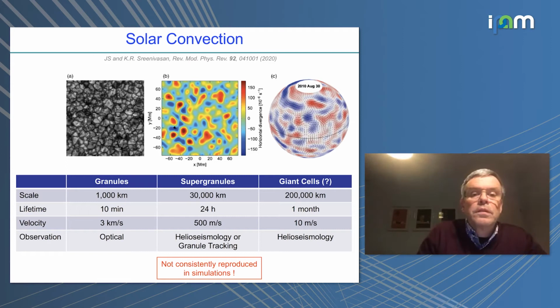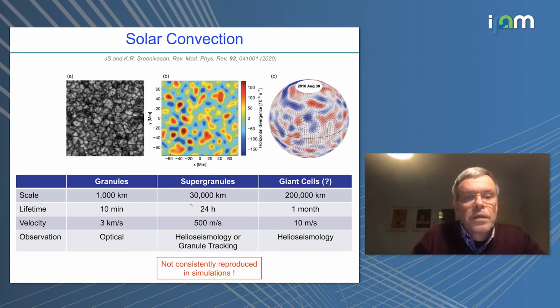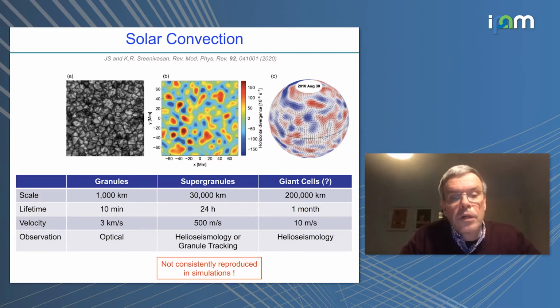The picture which you see on the top is a surface divergence, which indicates the up and down welling regions with respect to these supergranules. They are on a much bigger scale, 30 times bigger than the granules. They live for about a day, and the velocity is a little bit smaller, with 500 meters per second the characteristic velocity.